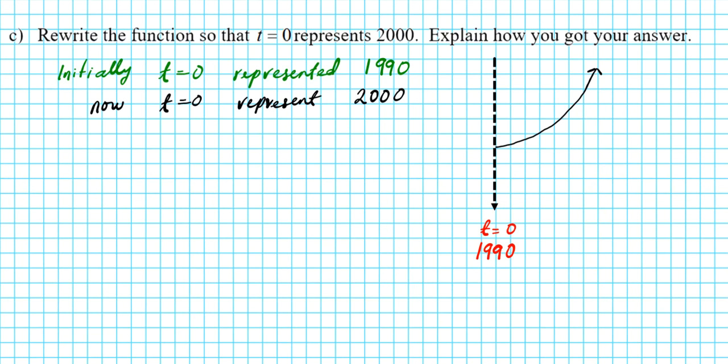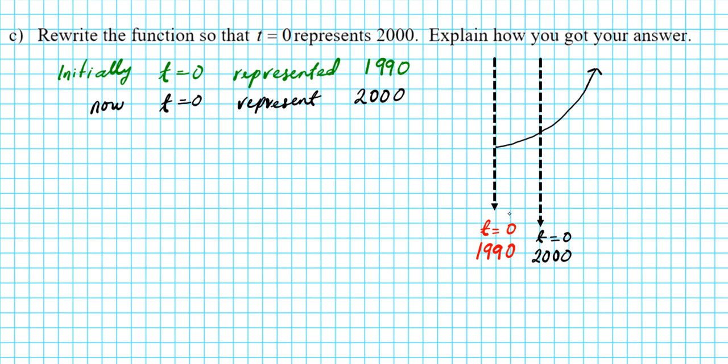Now we're making a change. We want t equals 0 to be 2000. So we are actually shifting our y-axis to the right by how much? By 10 years.